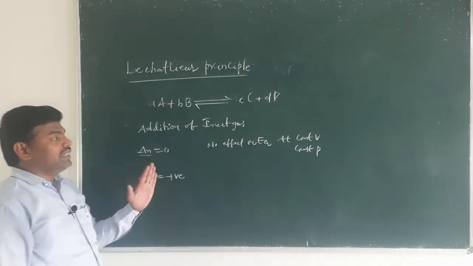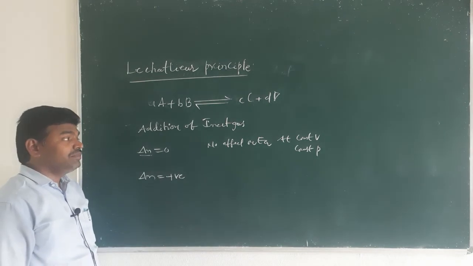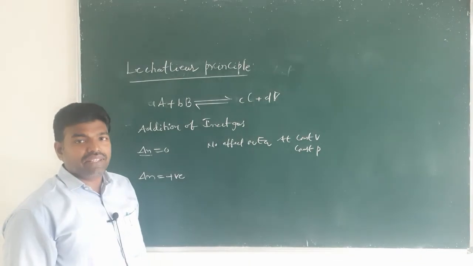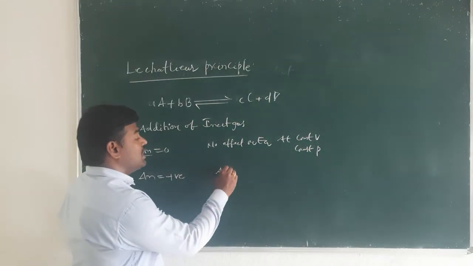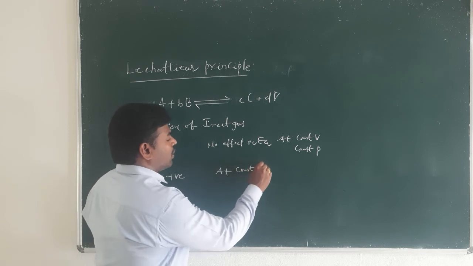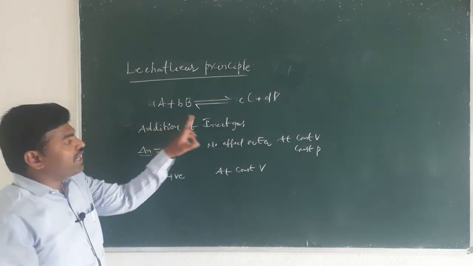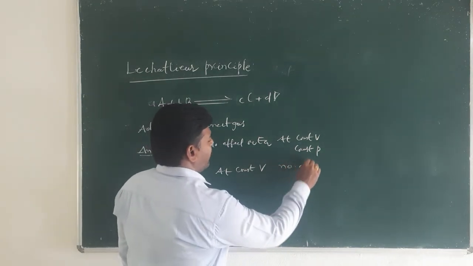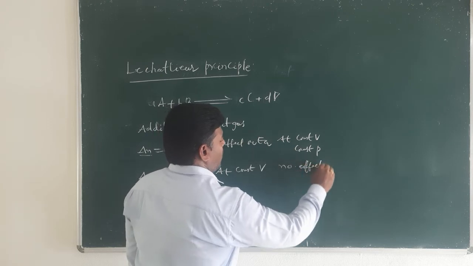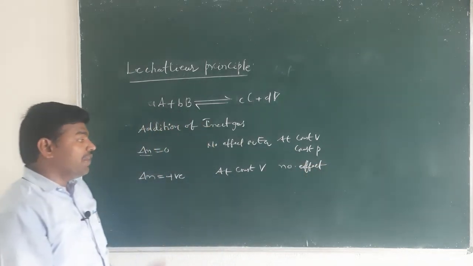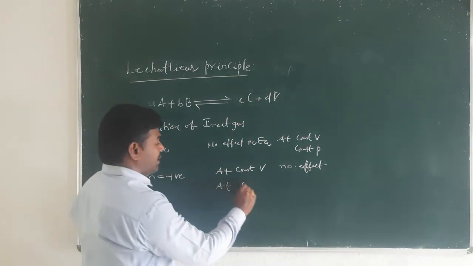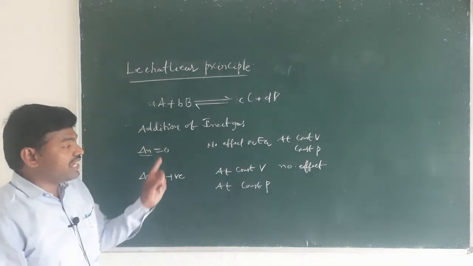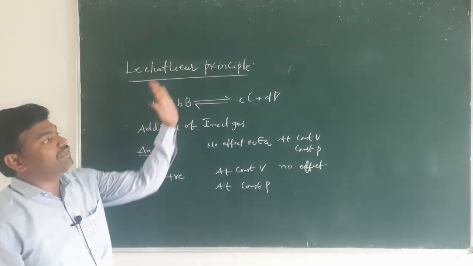then at constant volume, addition of inert gas has no effect on equilibrium, but at constant pressure, equilibrium shifts in the direction of the right side, that is forward reaction.